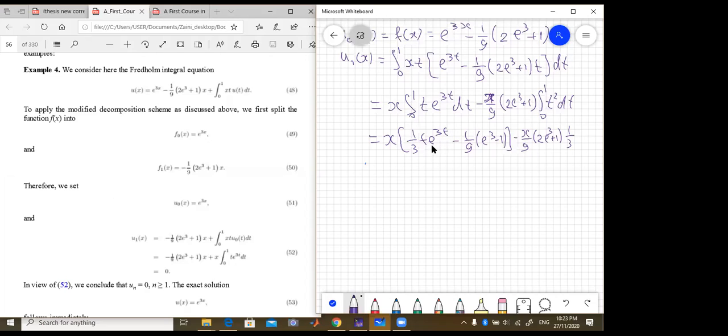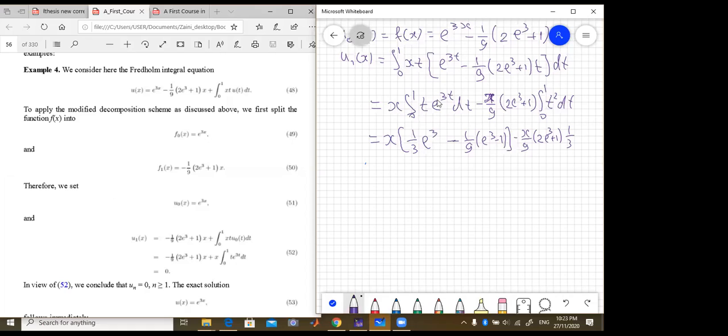When I put the 0, it is 0. When I put 1, this is 1 over 3. 1 over 3 e to the power 3. So e to the power 3 minus, am I right?